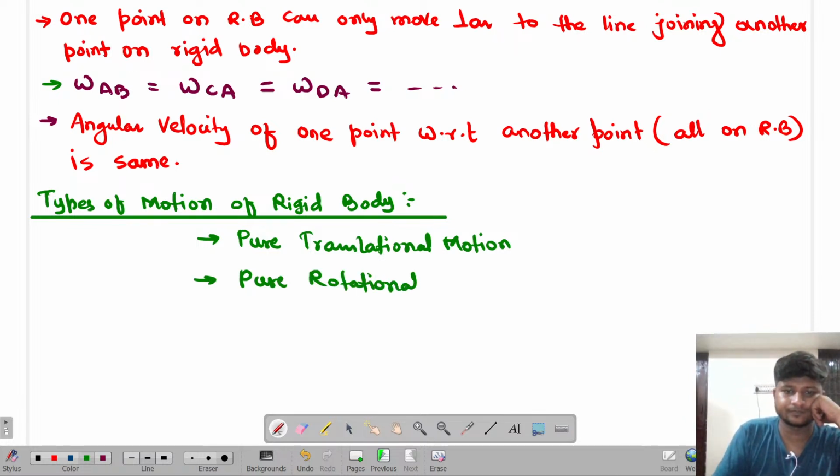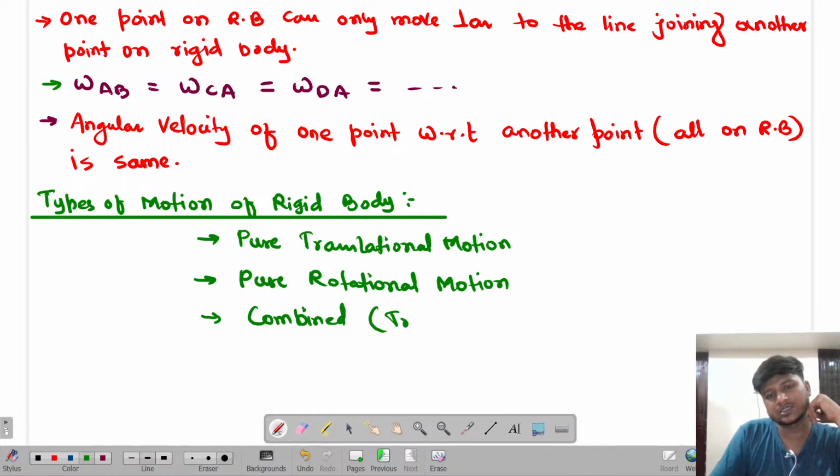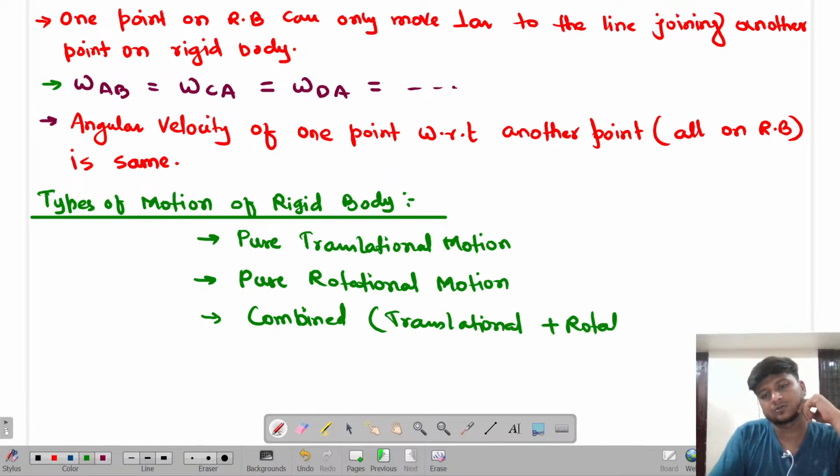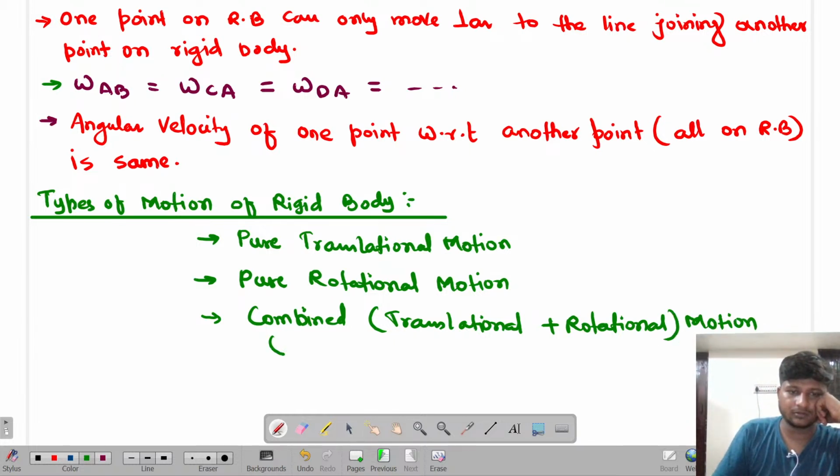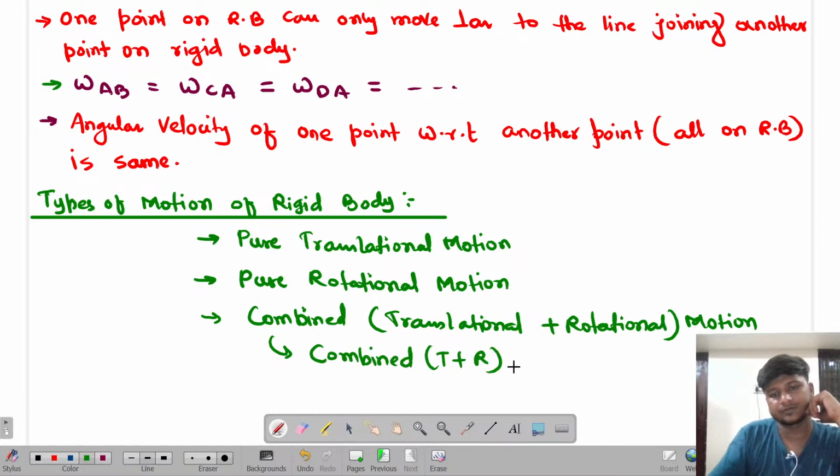And then last one, combined translational plus rotational motion. This is also known by a name, combined T plus R motion.